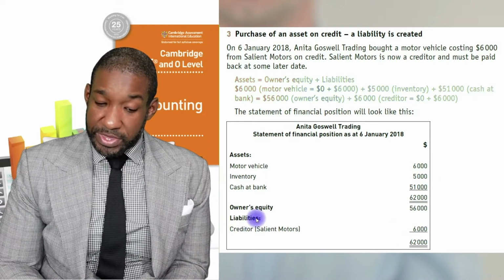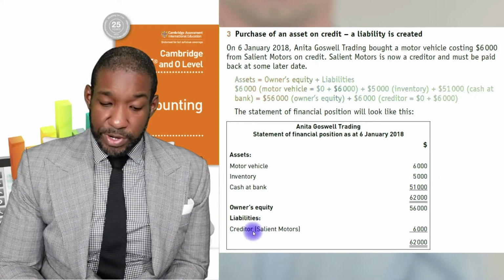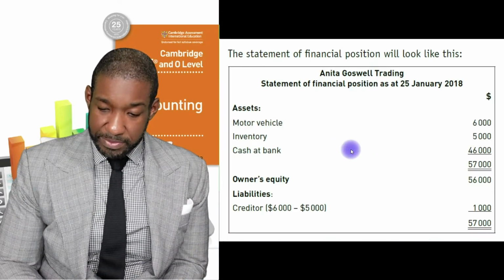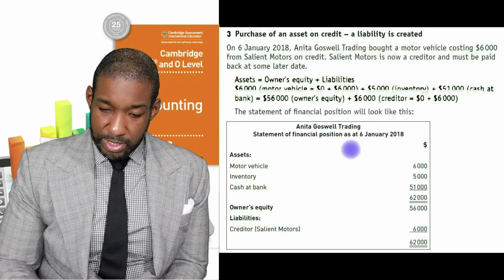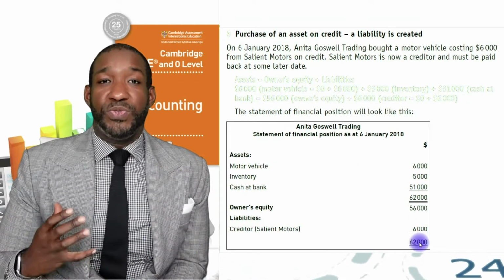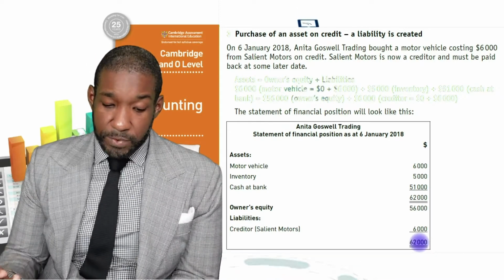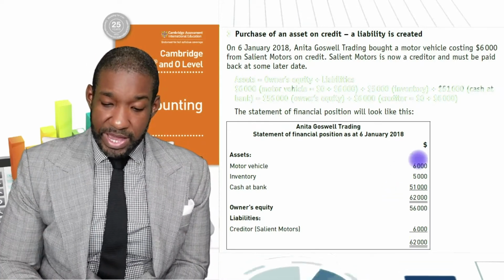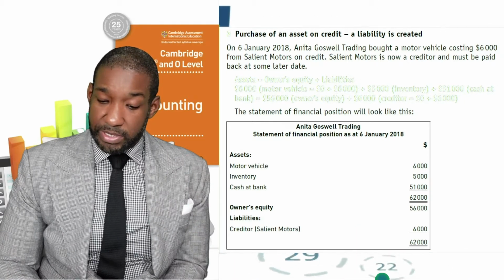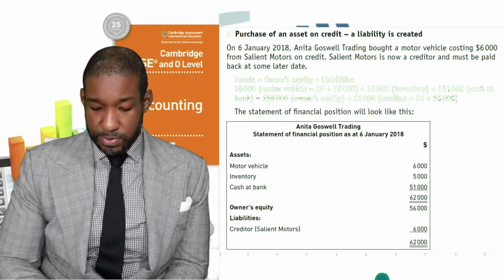Instead, she bought it with a liability, a creditor, Salient Motors, for $6,000. Creditor is $6,000, and now assets equals owner's equity of $56,000 plus $6,000 in liabilities, $62,000 total.